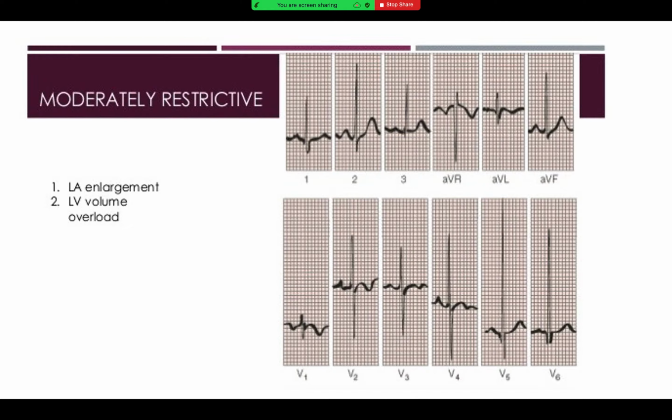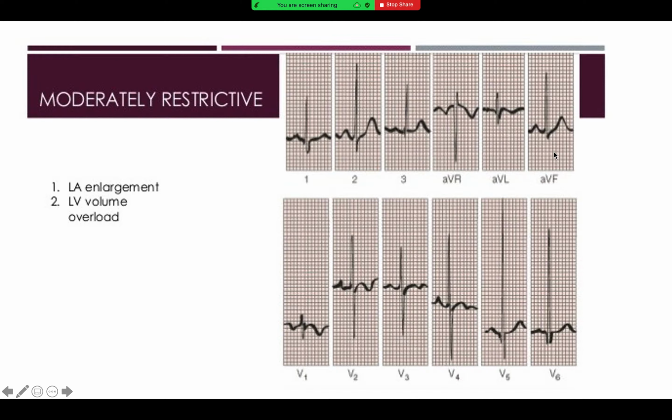So how do you comment on the volume overload, for example for the LV? You notice there is tall R wave and tall peaked T wave in the inferior leads. So here you notice those, II, III, aVF, right? In these three, what do you notice? As I said, it is there, isn't it? This R wave is pretty tall.